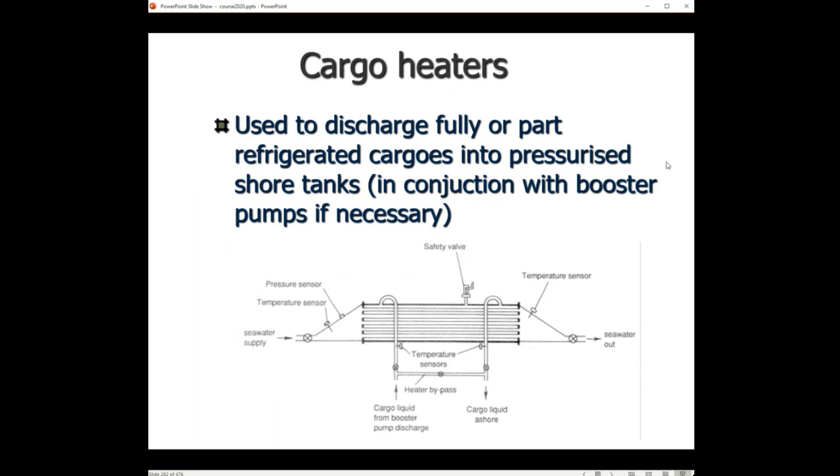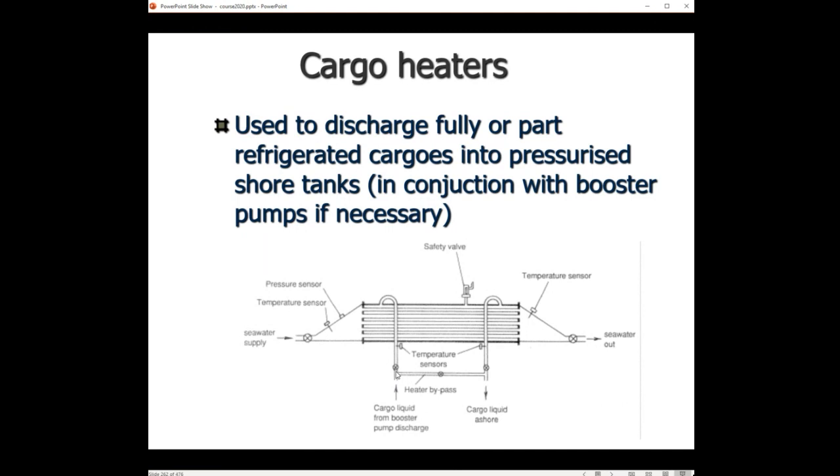So, how does this work? Well, we have one circuit where seawater is entering the heater, passing alongside some tubes, and then leaving the heater. On the other hand, cold liquid, most of the time coming from the booster pump, that we will use in this event.